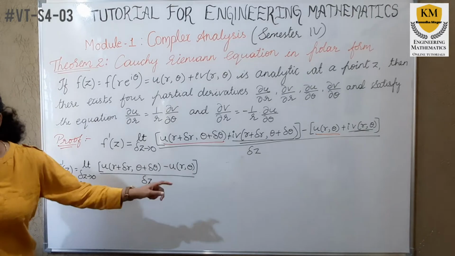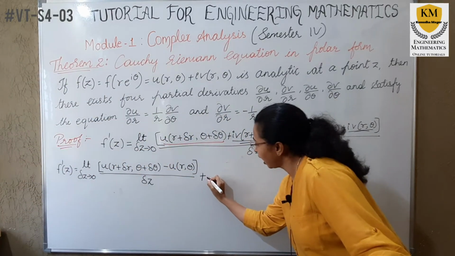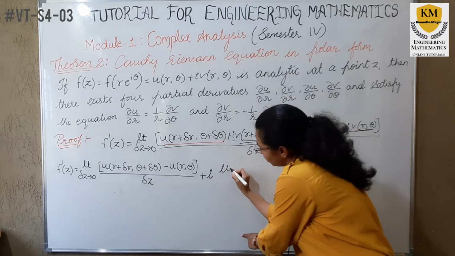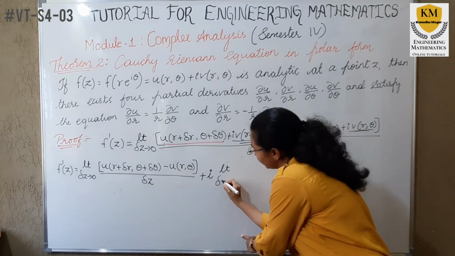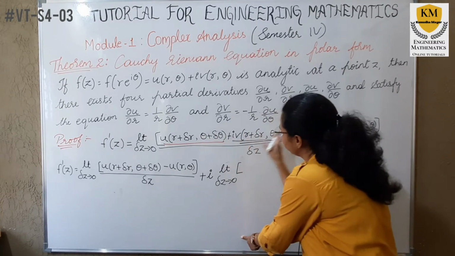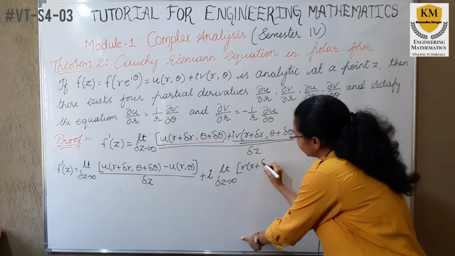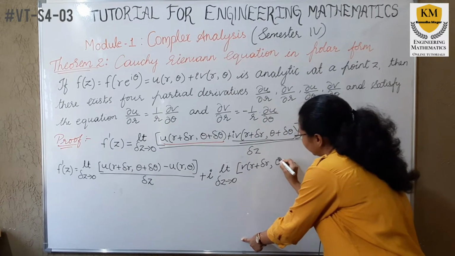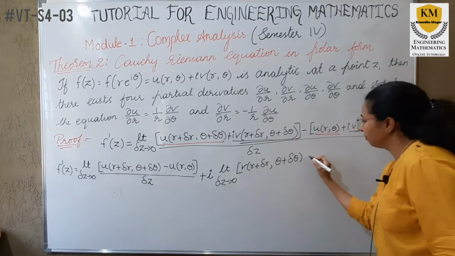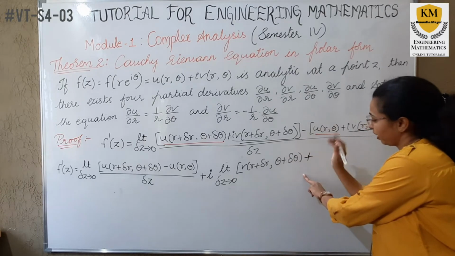Similarly, now let me write the imaginary part. So plus, I'll write as it is, limit del z tends to 0 of, see here is the imaginary part, v of r plus del r comma theta plus del theta, minus v of r comma theta, which I have already taken out.